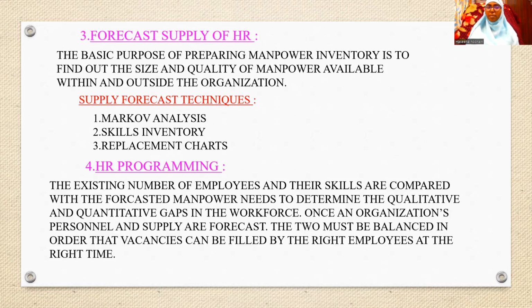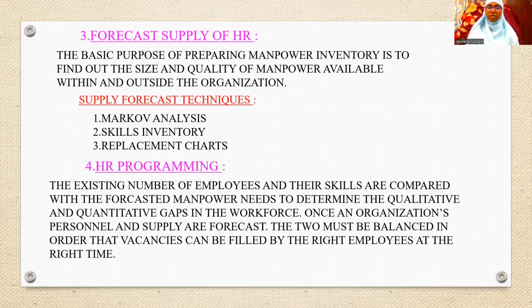The first one is market analysis. As we studied earlier, market analysis occurs to analyze what trends are there in the market. The next one is skills inventory.